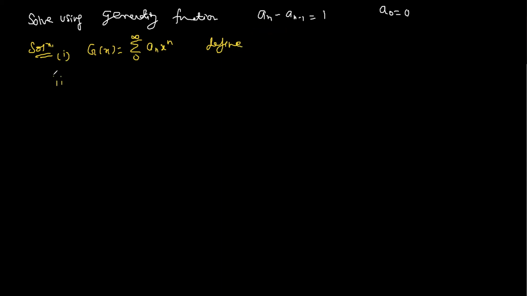Second step is what? x raised to n on both sides. So what comes? a_n x^n, a_(n minus 1) x^n, right?